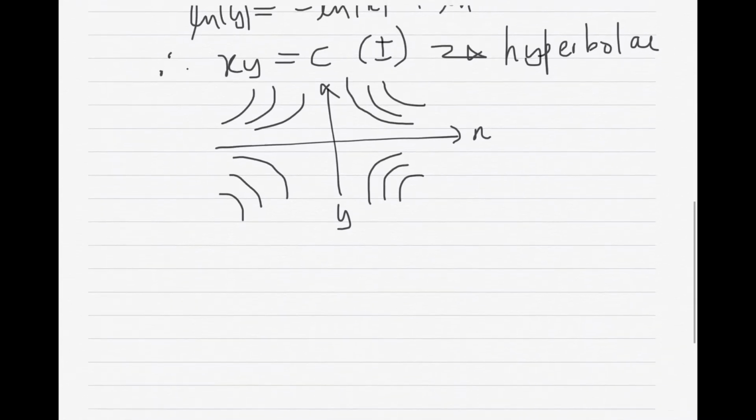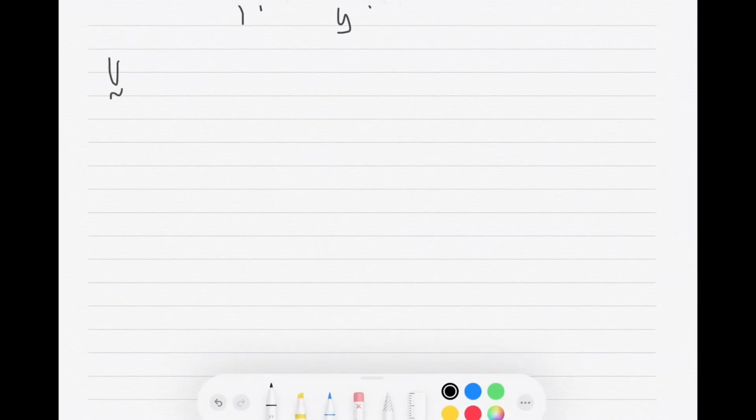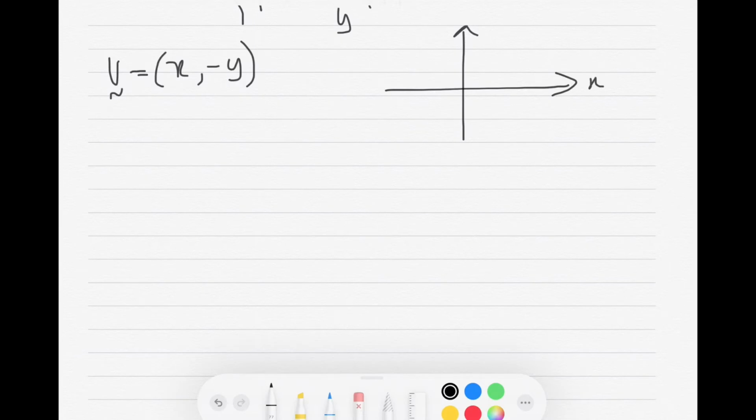Okay, so let's go back a bit. We said that the vector field V has components x, minus y, and in your Cartesian system, we know that in the first quadrant, the x and y are both positive.